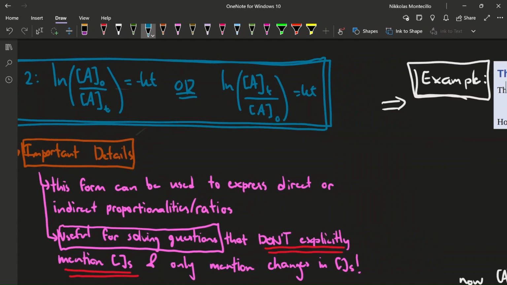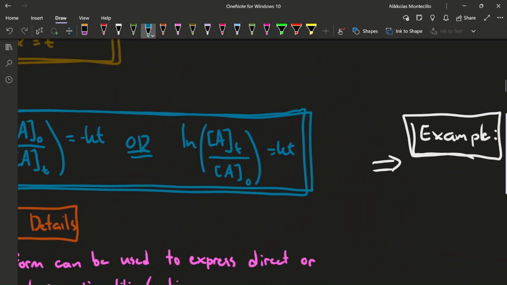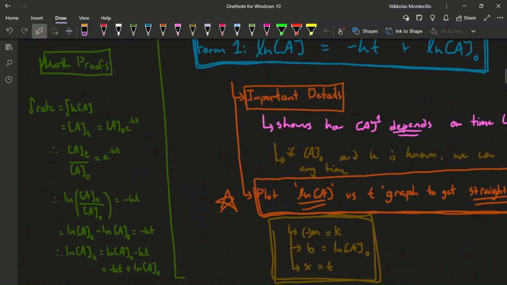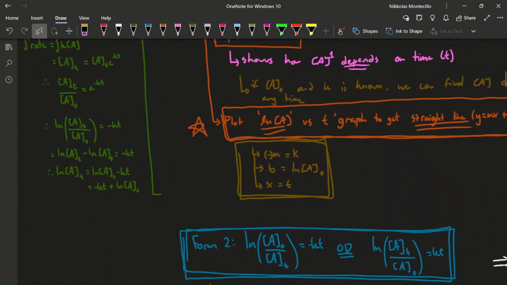The other way of expressing this is the natural logarithm of the ratio between the concentration of A at any given time over the initial concentration, which is equivalent to kt, both of which are very similar to the ratios that I explore here, right?